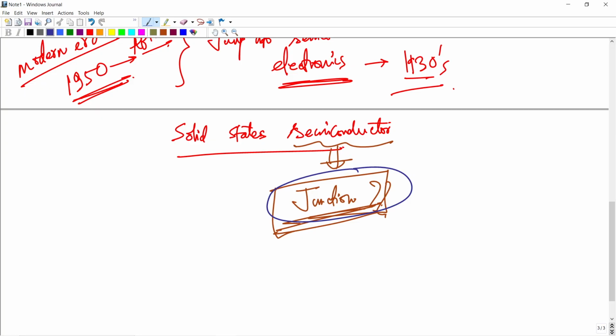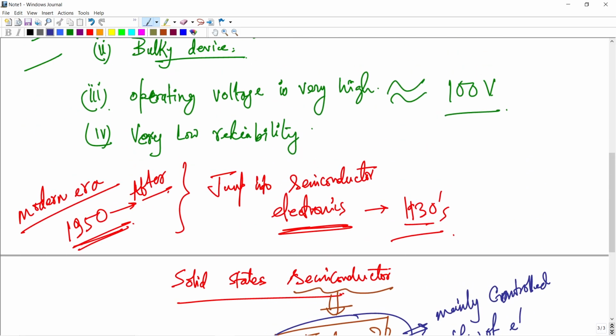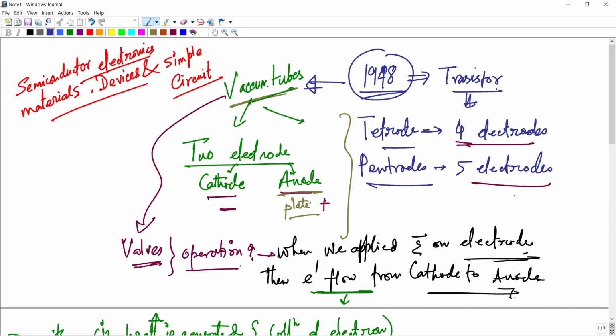This junction mainly controls the flow of electrons.